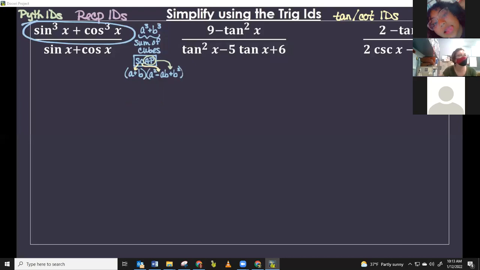Can I use that idea to factor that numerator? How can this numerator factor? What do you guys think?